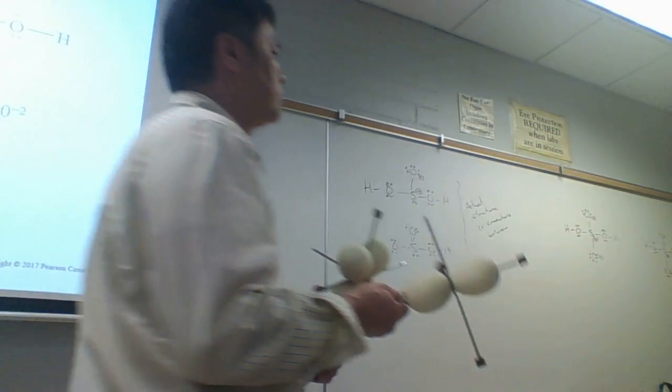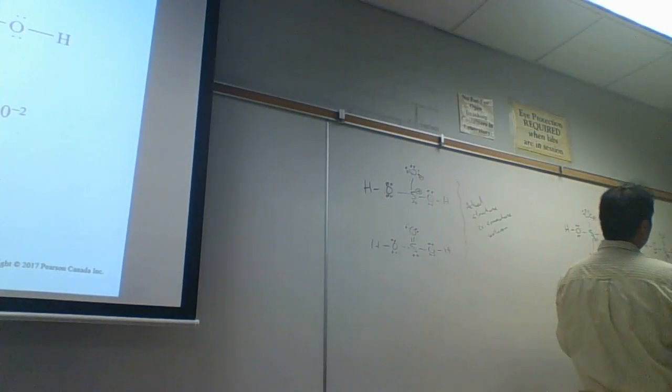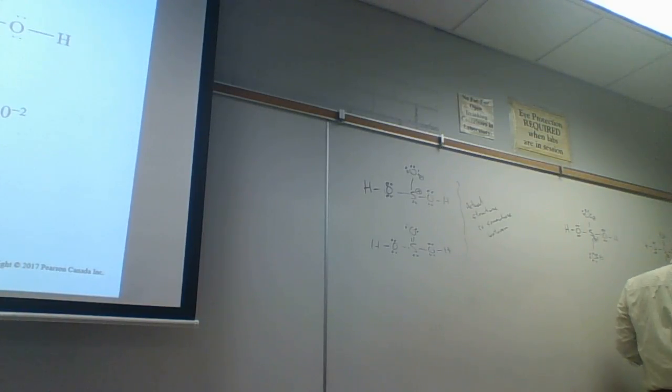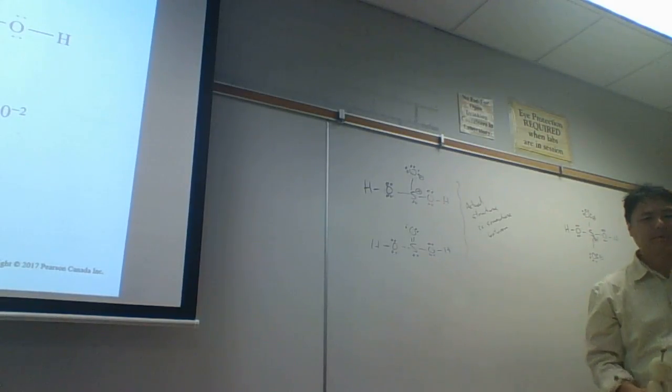Same type of situation here. We have an sp3, and therefore no more p orbitals, so we'll have to use a d orbital on sulfur and a p orbital on oxygen on that bond here. And so we have one there, and that should be okay.